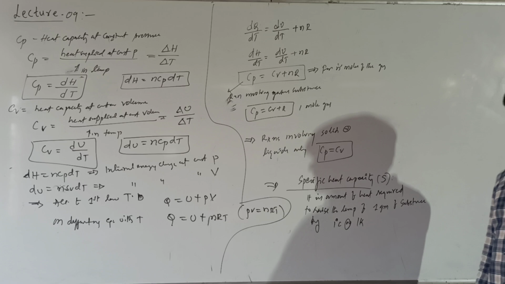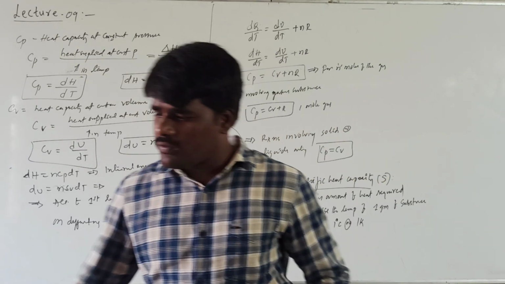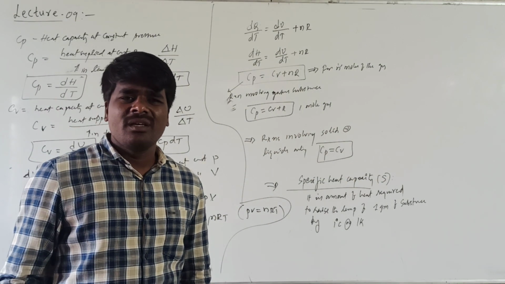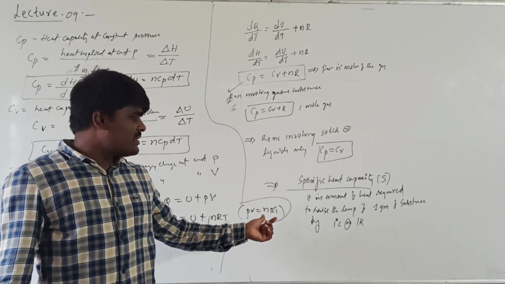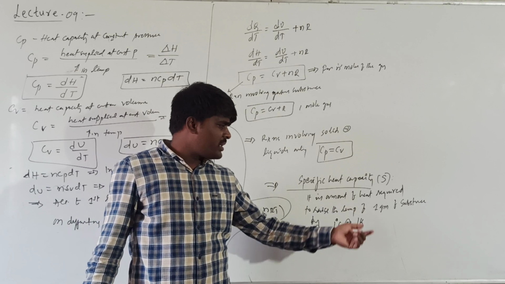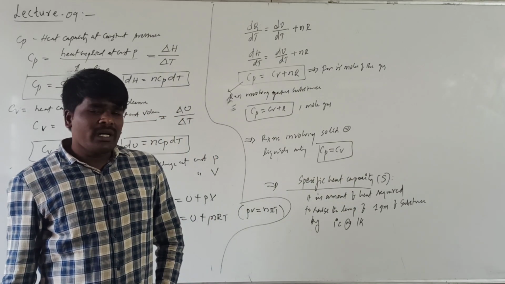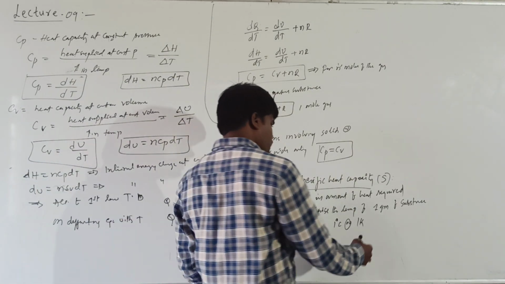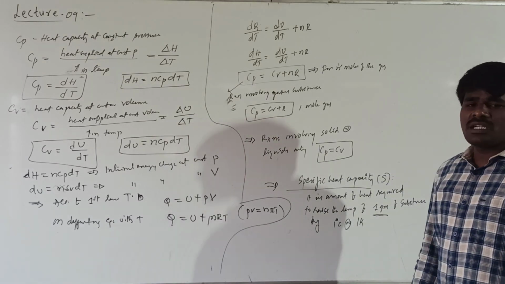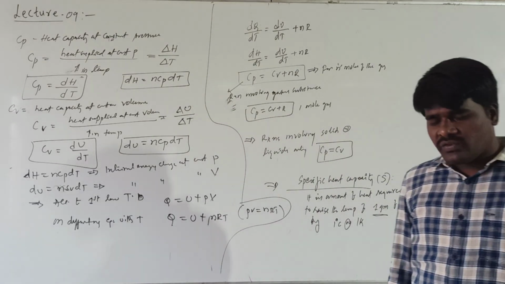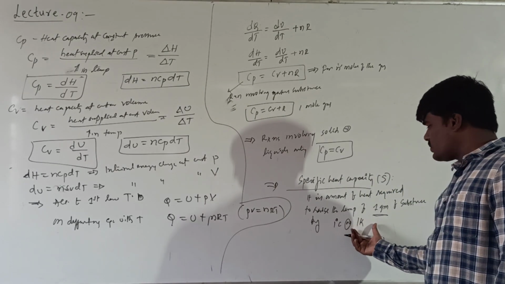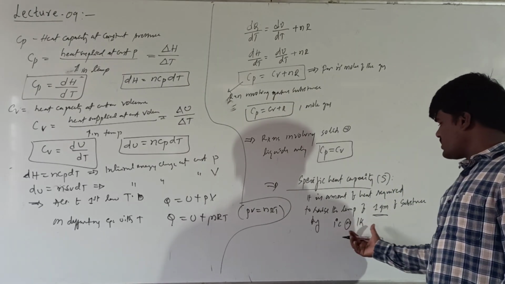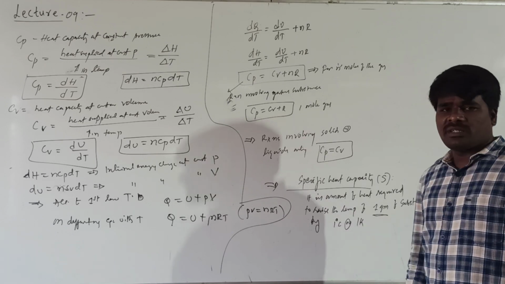Whereas heat capacity is the amount of heat required to raise the temperature of a substance by 1 degree Celsius or 1 Kelvin. Here we have fixed the quantity of the substance, 1 gram, whereas in case of heat capacity, it is the amount of heat required for n grams of the substance.